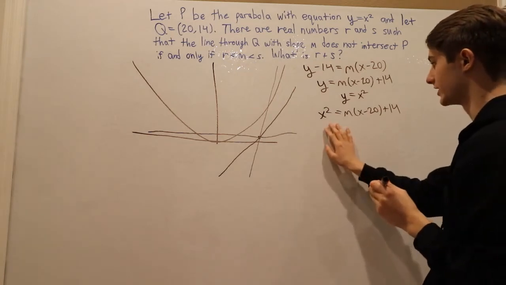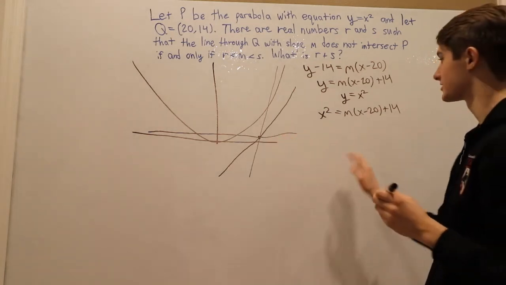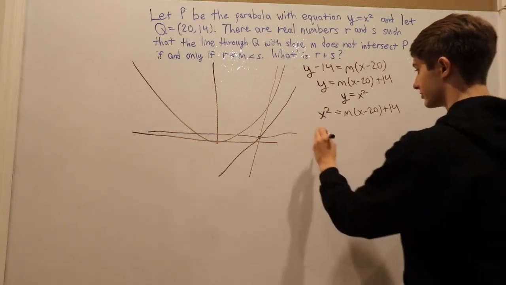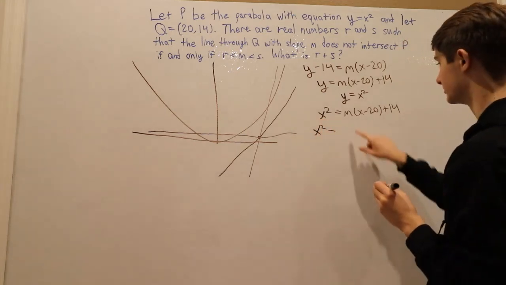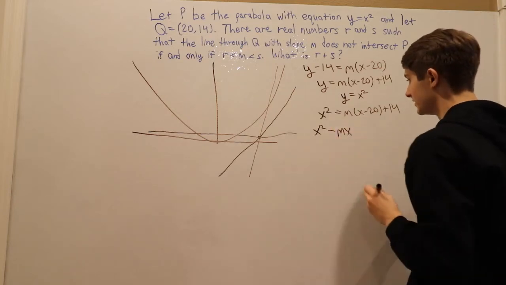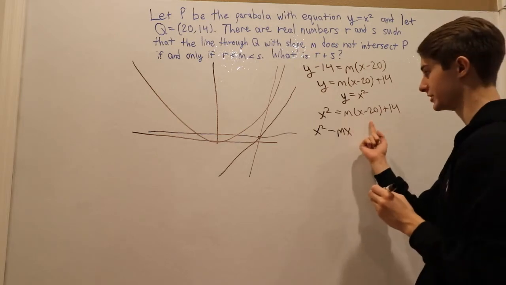Now, in order to figure out where this equation has a solution, which would be where the curves intersect, we can move everything over to the left side of the equation and use the quadratic formula. So we have x squared, and then our x terms will be this mx. So we move this to the other side, we get minus mx. And then we have a minus 20m on this side of the equation.